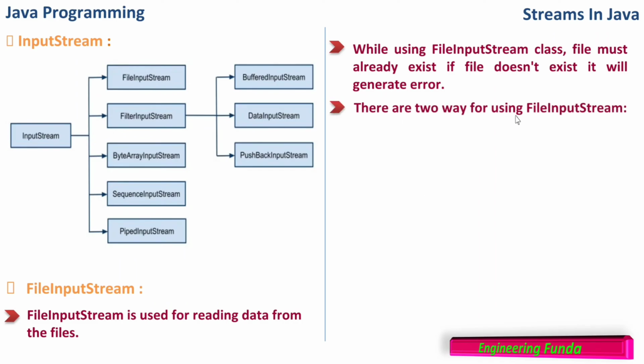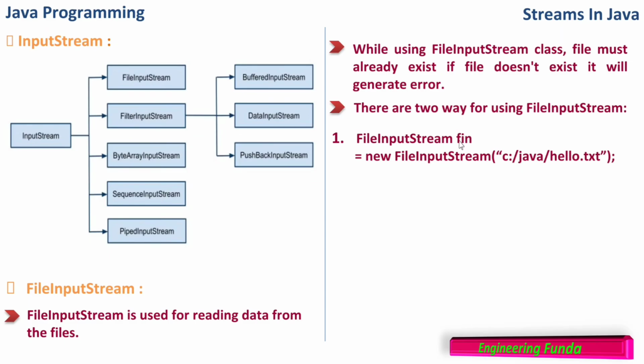There are two ways of using the file input stream. FileInputStream fin, so this is an object we are creating, which is equal to new FileInputStream. We are calling the constructor, and in this we are passing the string which is the path where the file exists.